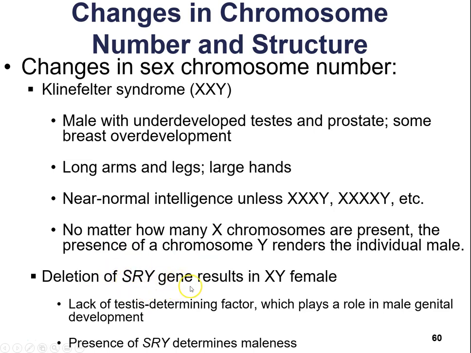So in fact, if you just delete that SRY gene from the Y chromosome, it lacks this testes determining factor, which plays a major role in the development of the male genitalia, and this results in basically a female because the testes do not form.